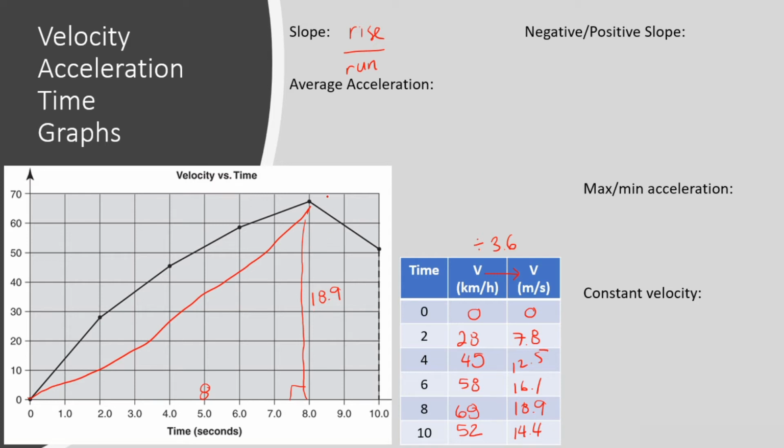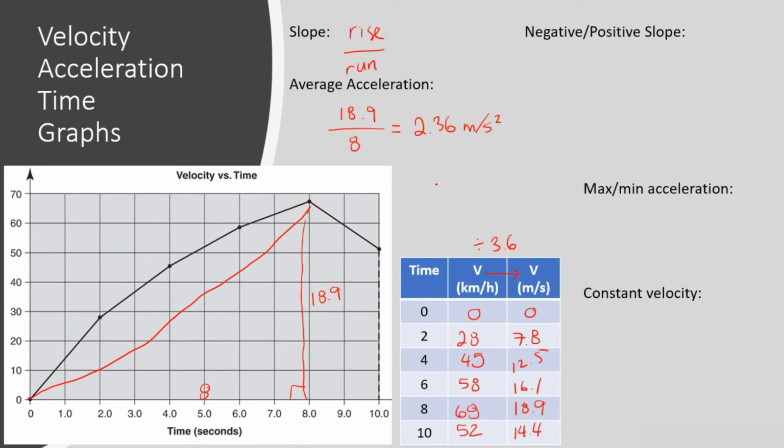So if we're thinking about the average acceleration between this time, we're going to take 18.9, our change in velocity, and divide it by 8. And we get an average acceleration of 2.36 meters per second squared, our unit for acceleration.